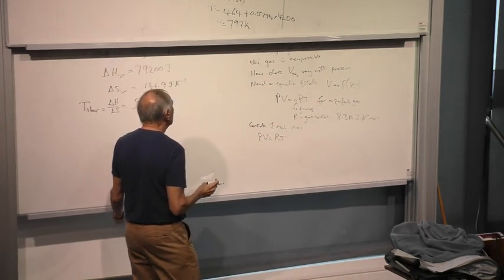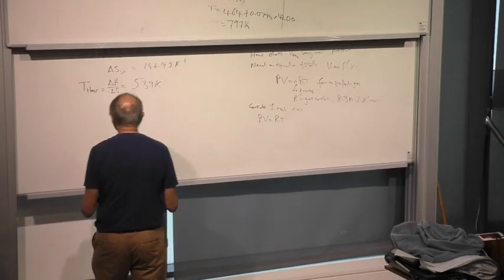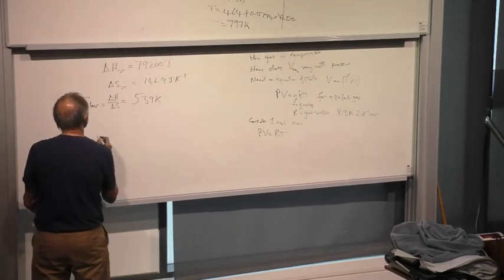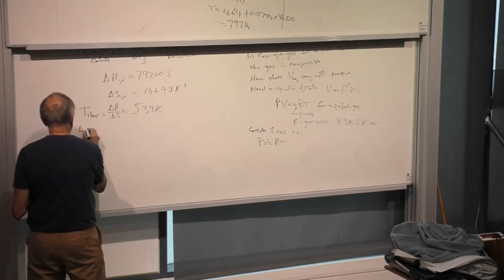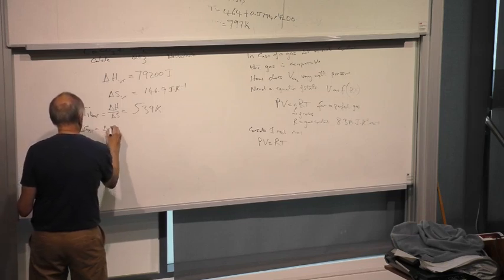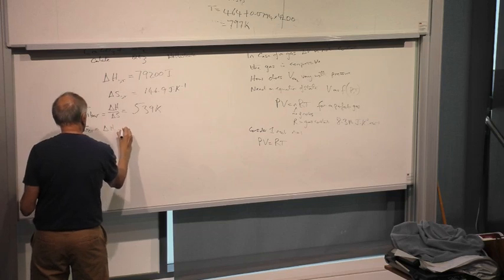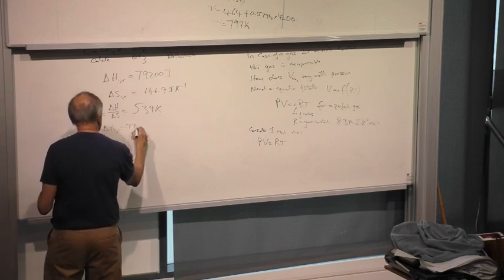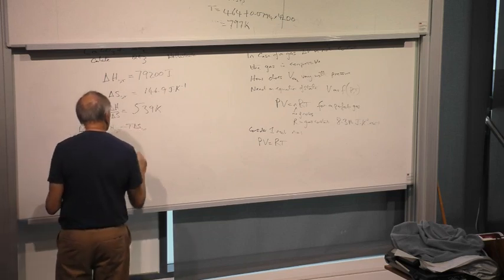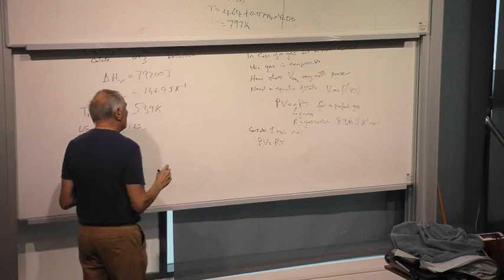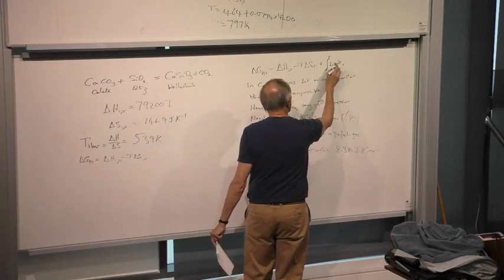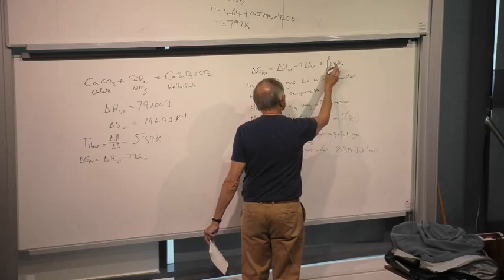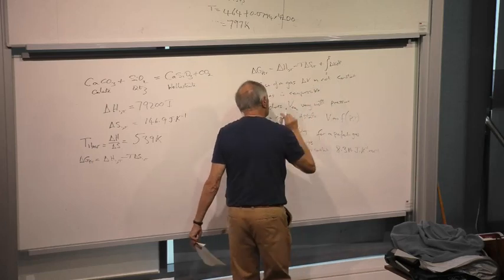Okay, so delta G is going to be delta H at 1 bar and T minus T delta S at 1 bar and T. Now what I'm going to do is take delta V and separate the volume of CO2 from the volumes of the solids.